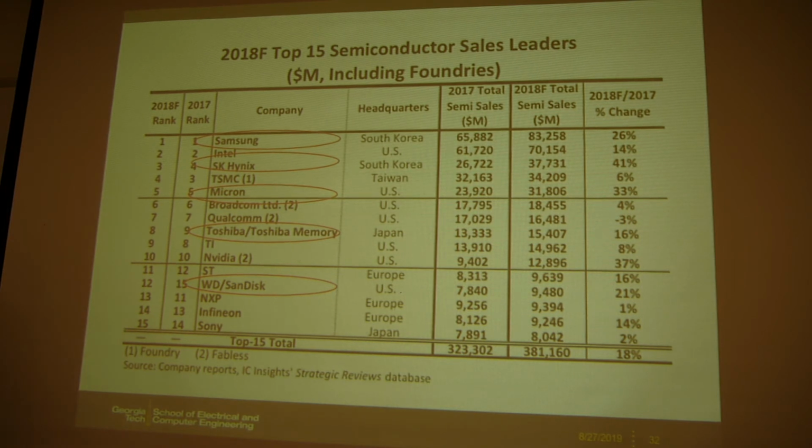And you see Nvidia jump to number 10 for the first time because of the GPU business, right? That's machine learning. So from this ranking, you can see the industry's evolution in the past 10 years.